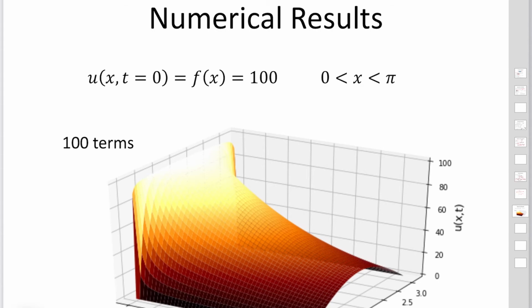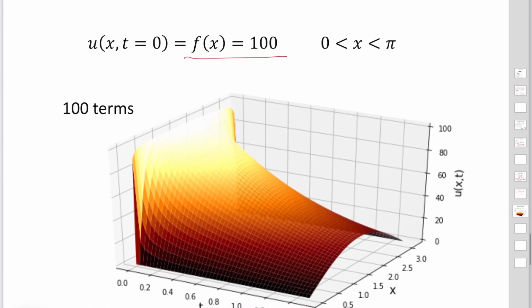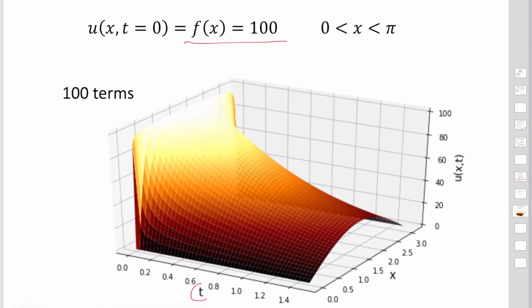As the initial condition, initially we consider a constant temperature in the bar. The temperature is equal to 100. And the heat is lost from both ends of the bar, so the temperature is decreasing with time. This is time, and this is x.